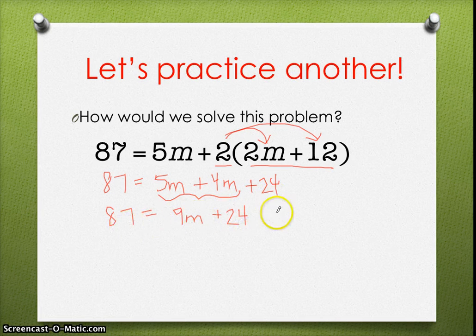Once we get to this stage, we're ready because it's a two-step equation. All we have to do is apply OIR. Go ahead and solve for the value of m when you apply the OIR method. Let's take a few moments to figure that out.